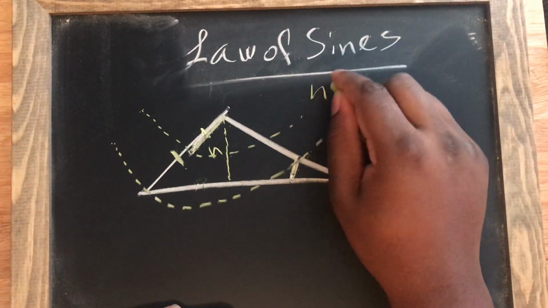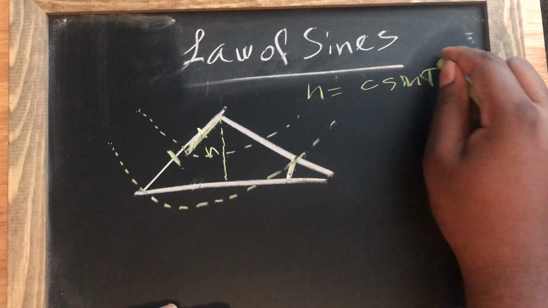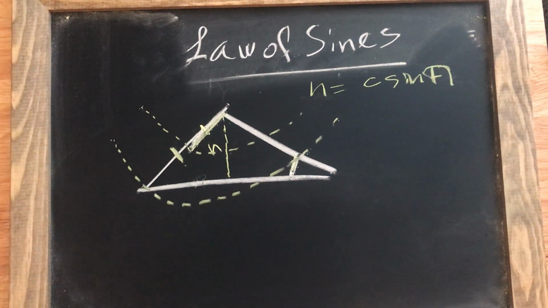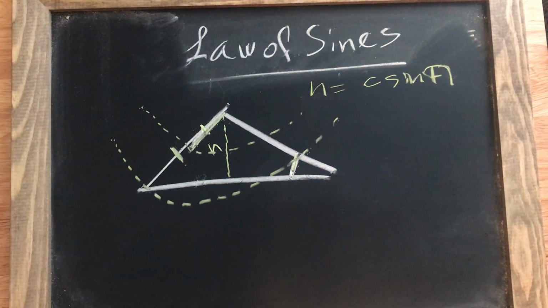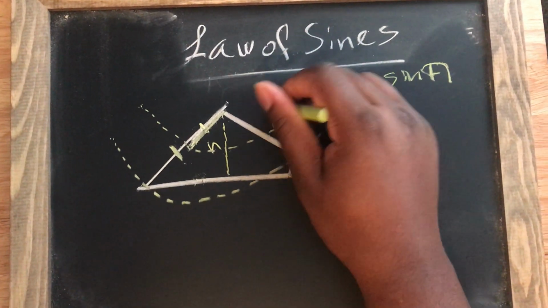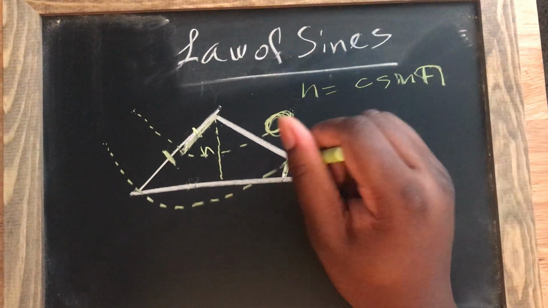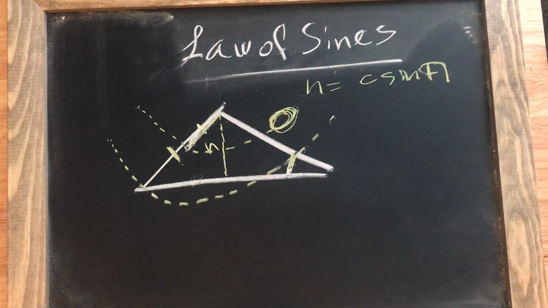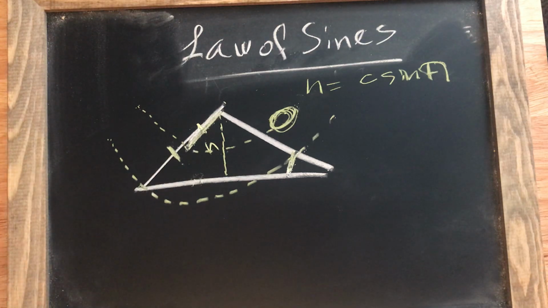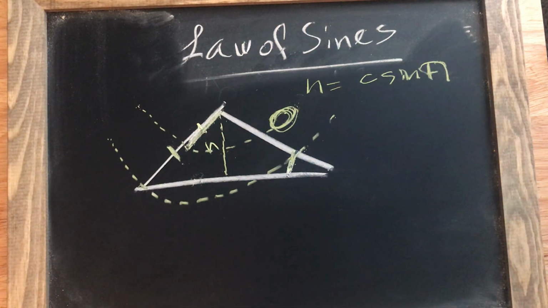Well, don't forget, height is just this length times sine of your angle. Okay, so that way you can calculate what the height is, and you'll be good to go.